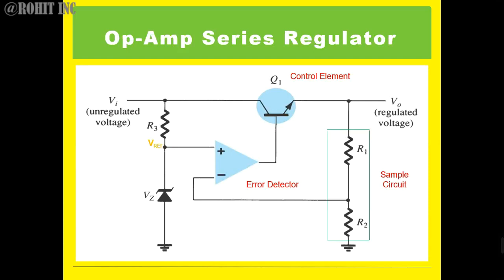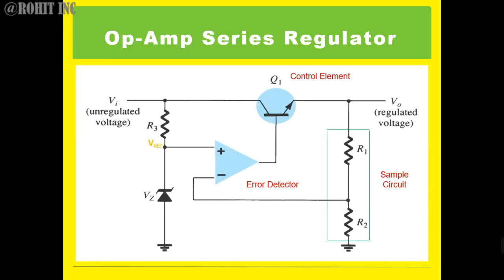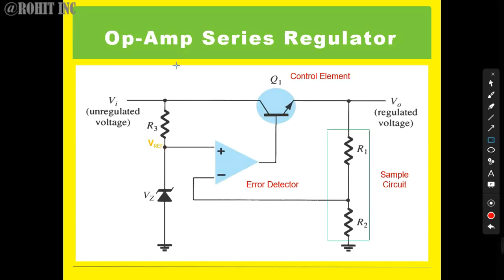Now, as you have seen, there were all those elements, and the control element can be anything. The control element can be an op-amp, it can be a thyristor, it can be anything. So I have taken an example of an op-amp in a series regulator, as you can see here.